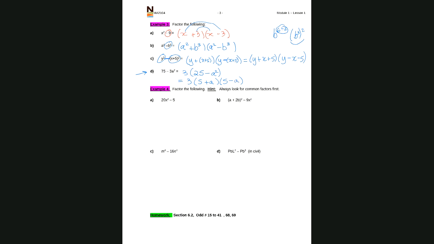Okay, that is not the same as a minus 5 times a plus 5, because here the a is positive, or in this case a squared, and the negative is on the 25. That's not what we had here. We had a positive 25 and the a squared term is negative. So be careful of the order.